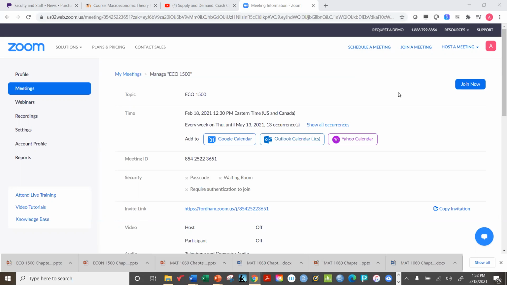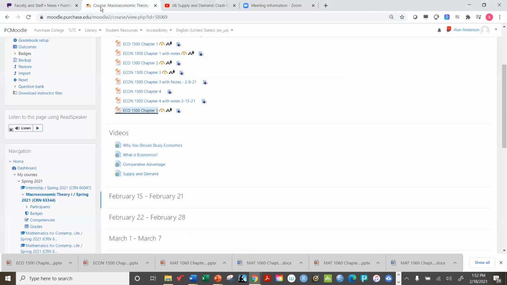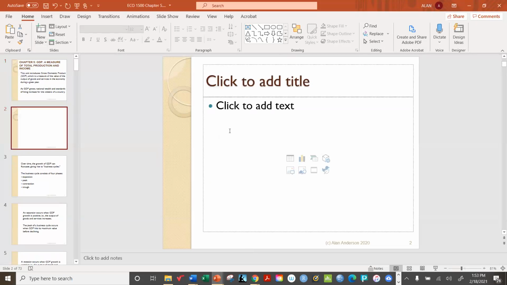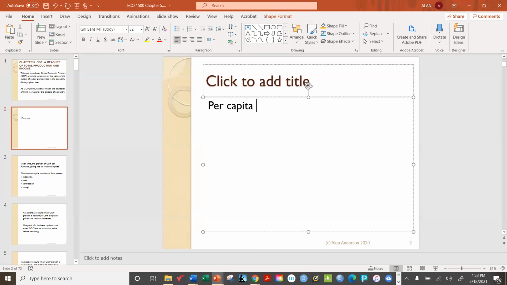And so what I'd like to show you on the screen here somewhere, hold on. There's a related measure that economists often refer to help us understand how well our standards of living are growing. It's called per capita GDP, which means GDP per person. So if you take $20 trillion and divide it by 330 million citizens or people who live here, what does that work out to be?